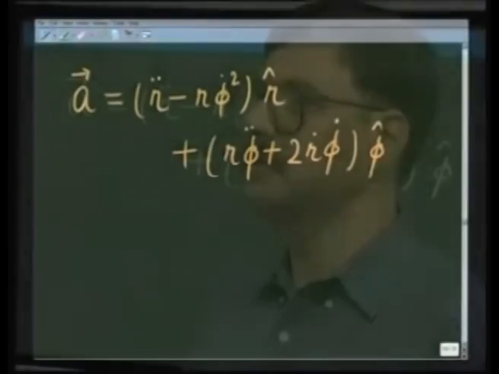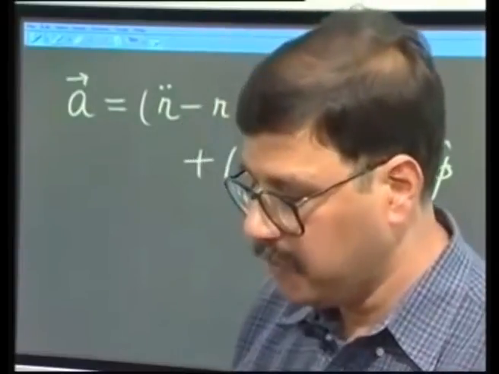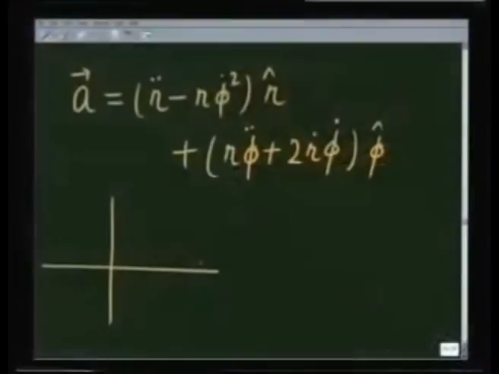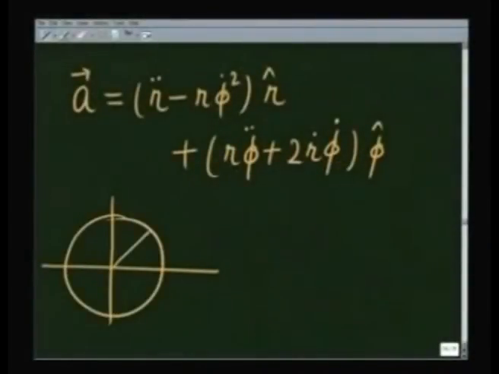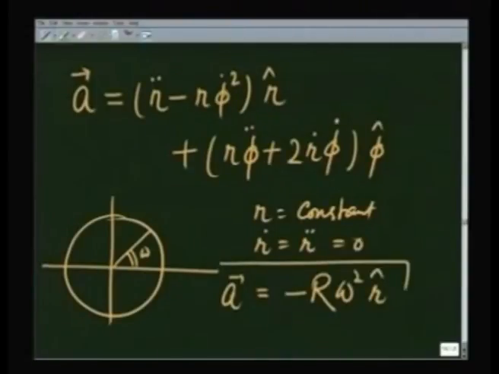This relationship looks quite complicated, but let me give you again a familiar example of a particle moving in a circle, for which r is constant, and therefore, r dot is equal to r double dot is equal to 0, and if it is moving with constant angular velocity omega, then A comes out to be minus the radius of the circle times omega square r, which is your familiar centripetal acceleration.